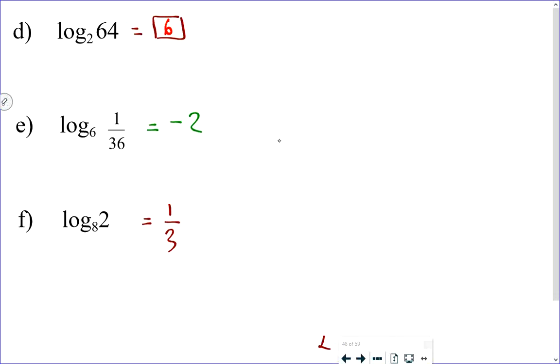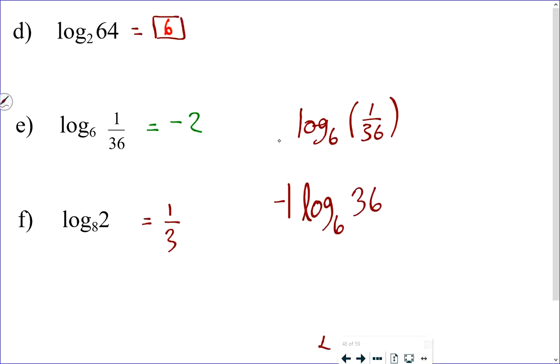If you have log base 6 of 1 over 36, it will be equal to -1 times log base 6 of 36. We are allowed to flip the argument over and multiply the logarithm by a negative. And would you agree that figuring out that this is -2 is hard on the brain?